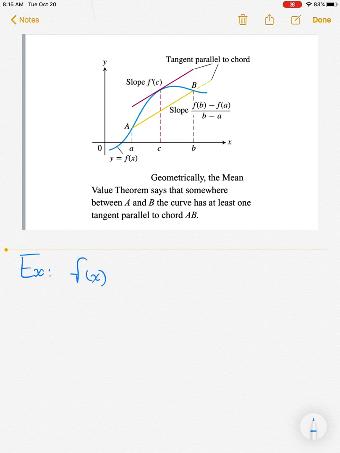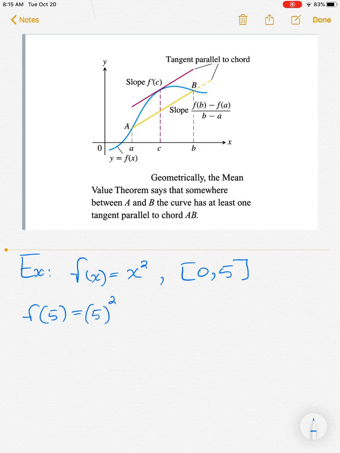So let's say we have f of x is equal to the simple equation x squared on the closed interval from 0 to 5. So first thing you do, applying the mean value theorem, find the slope from the algebra standpoint.